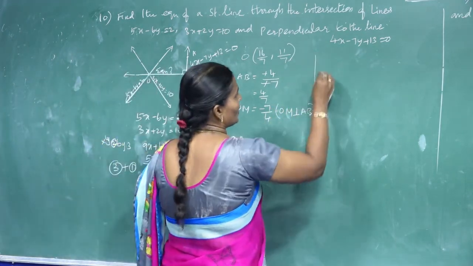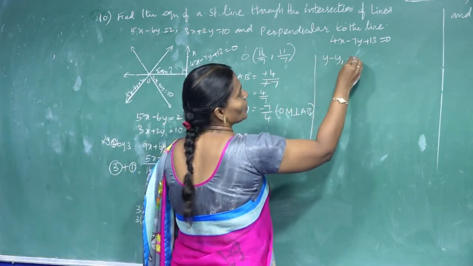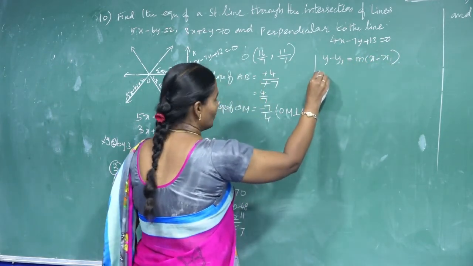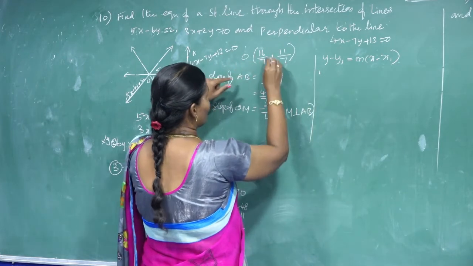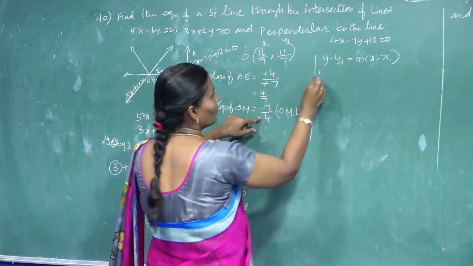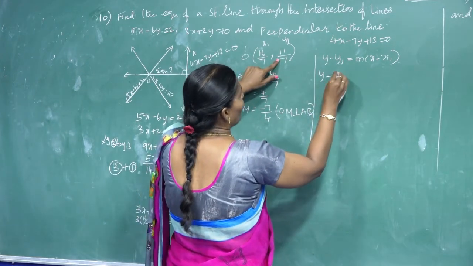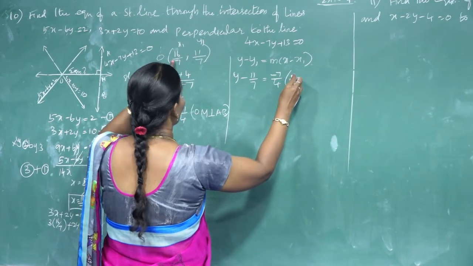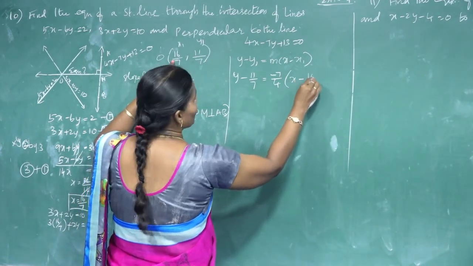That is y minus y1 is equal to m of x minus x1. These are the points x1, y1, and this is the slope m. So y minus 11 by 7 is equal to minus 7 by 4 of x minus 16 by 7.